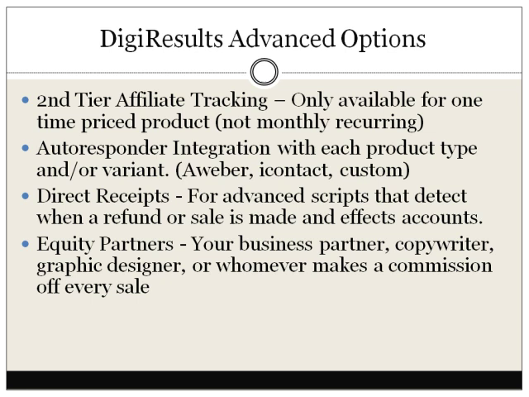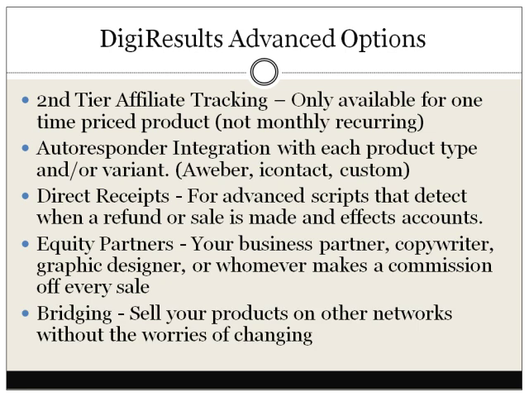Then the $10 that's left, if your equity partner, your business partner, gets 50% and you get 50%, DigiResults is going to pay the affiliate first, and what's left over is $10. Your business partner gets 50%, which is $5, and you get the $5. The beauty of all of this is it's all automated and instant.